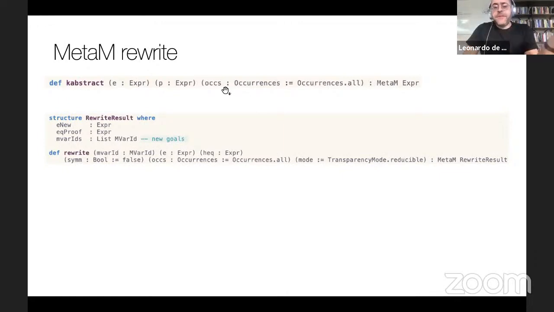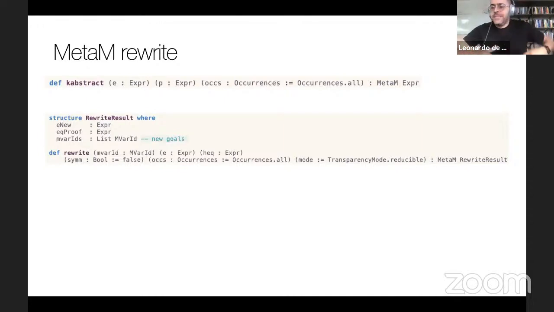Another advantage of Lean 4 being implemented in Lean itself is this. I've seen in Lean 3, K-abstract was implemented in C++, and someone in Mathlib had to expose this functionality to the Mathlib users.